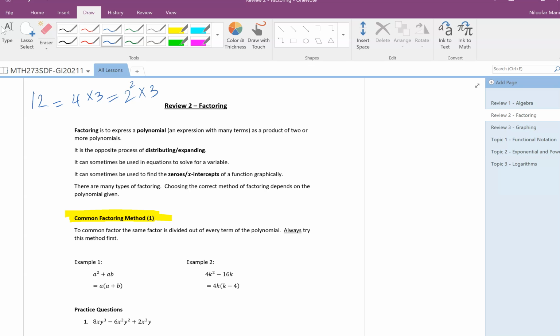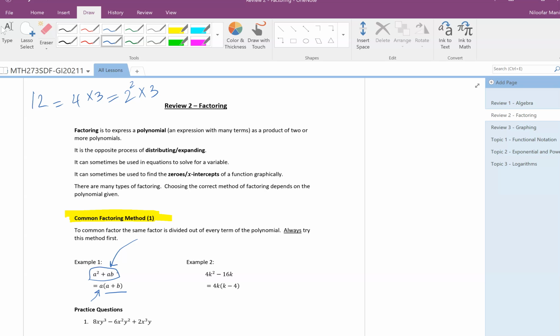For example, here you have 2 terms, both of them in addition. That's just an algebraic expression. You see a is in common, you factor a, and then you see a number times a bracket. That's the factored form of this algebraic expression.